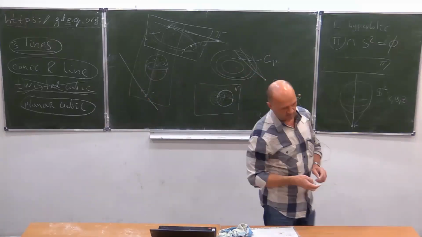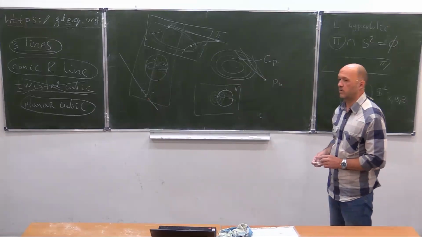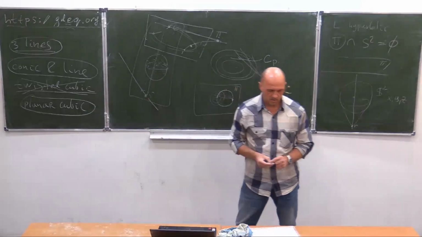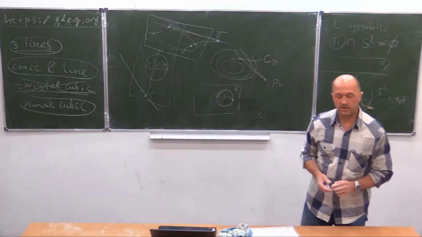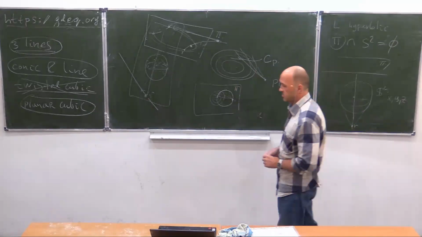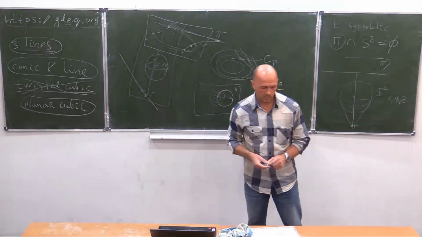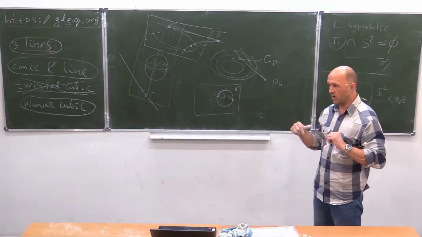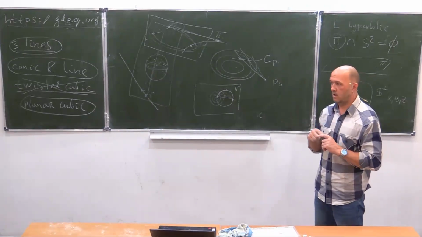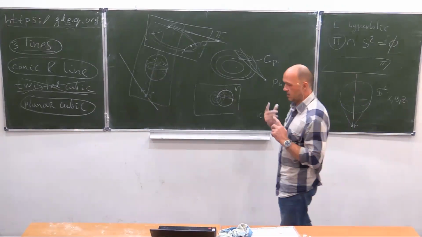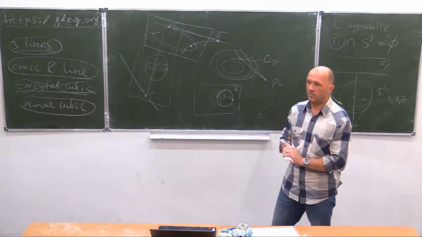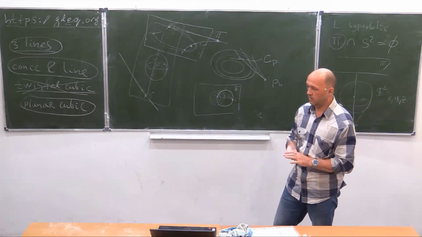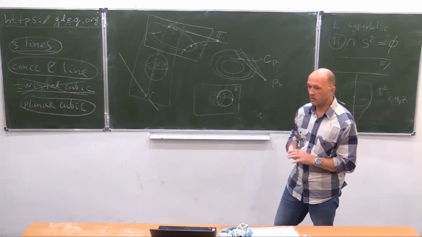The answer is no. There are no examples where the polar curve is not algebraic, but there are examples where the polar curve is, say, two arcs of two conics and a line. One arc of a conic and two lines. And there is an example where the polar curve is composed of three conics.